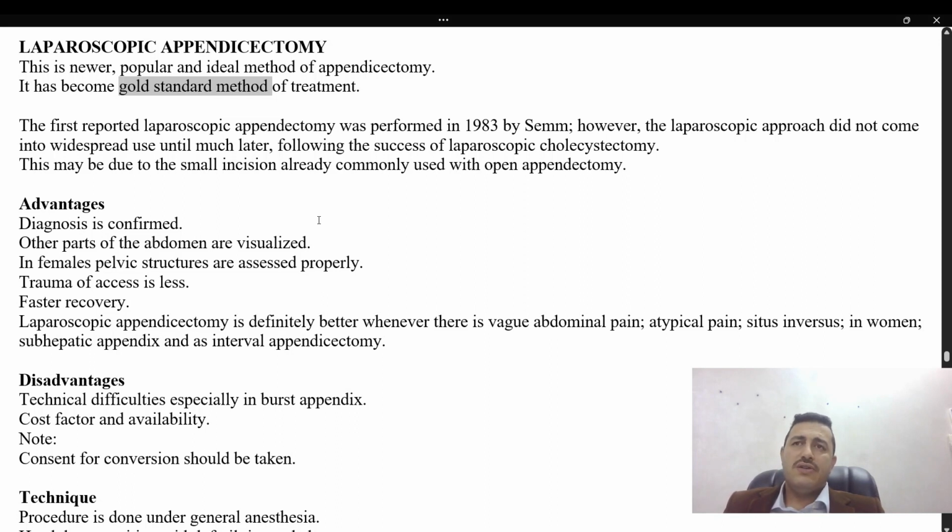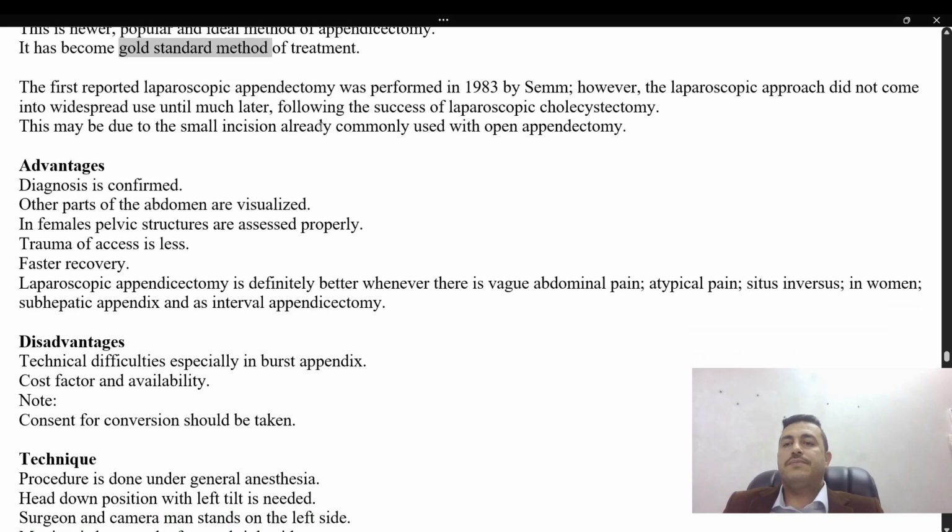Especially most of these surgeries are done after finishing the operating list. So many hospitals don't provide sufficient instruments. Actually, as we said, it's the gold standard operation.